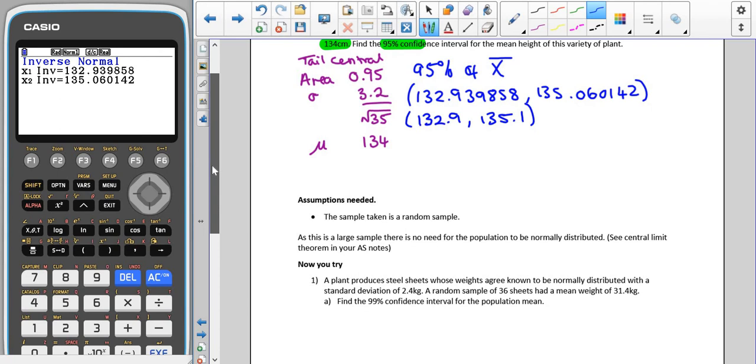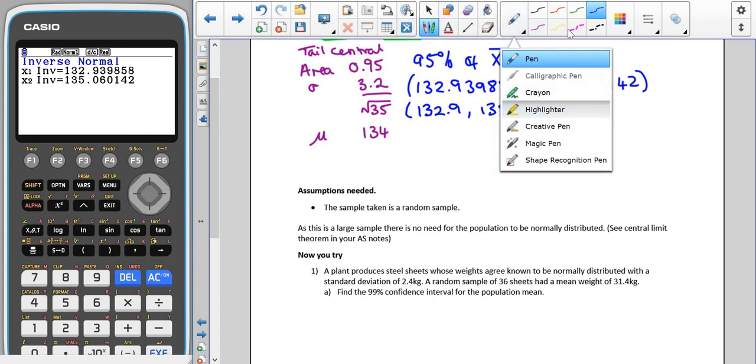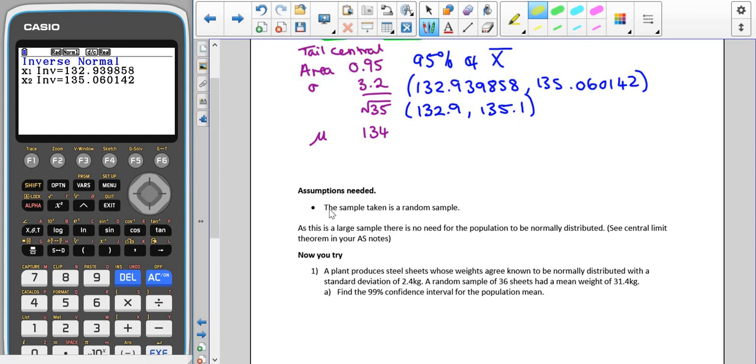So we do have a couple of assumptions that go with this, which is that the sample has to be taken at random. And this applies to our large samples only. When we have small samples, we do have slightly different assumptions, but if we have a large sample, then the only assumption that we have is that the sample has to be randomly taken.